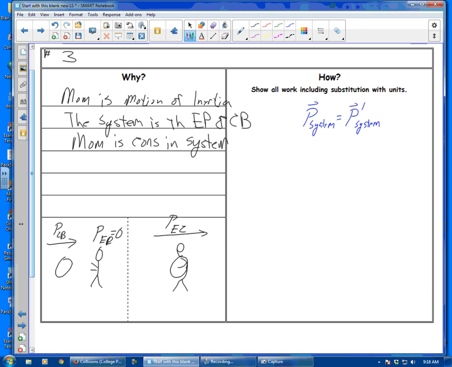Nicely, everything is moving in one direction, so I can call everything positive. So beforehand, I have two objects. I've got my cannonball, and I have my elderly performer, which both have momentum. And afterwards, I only have one object, my elderly cannonball.